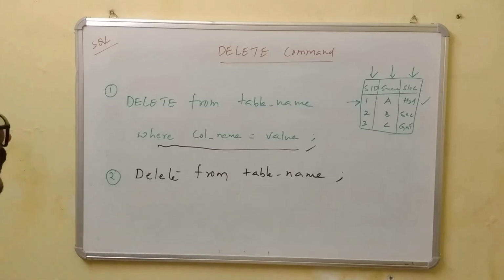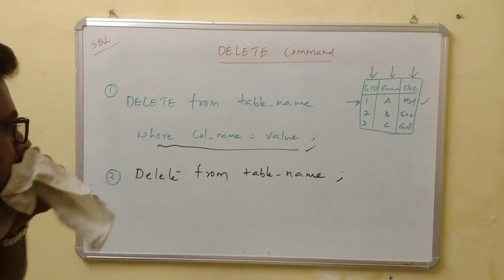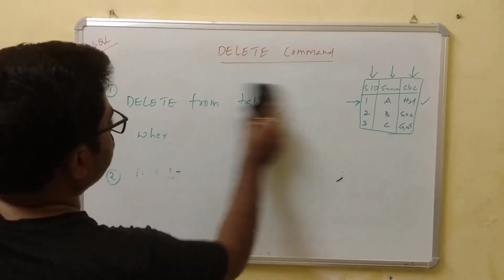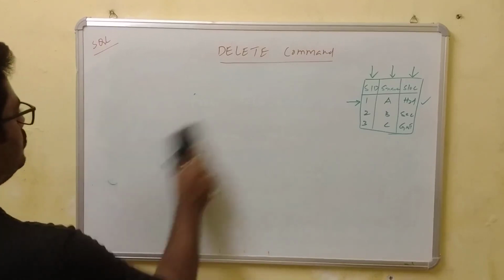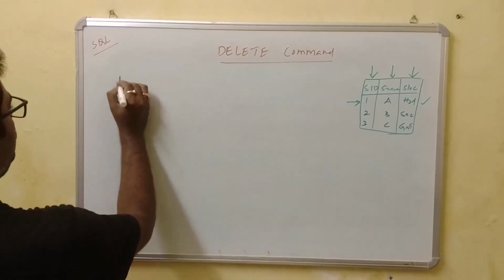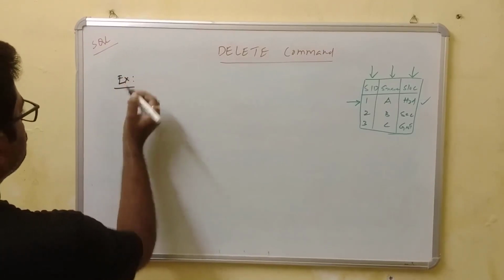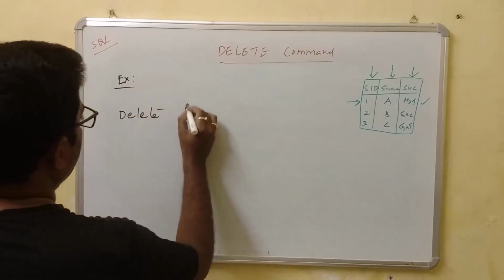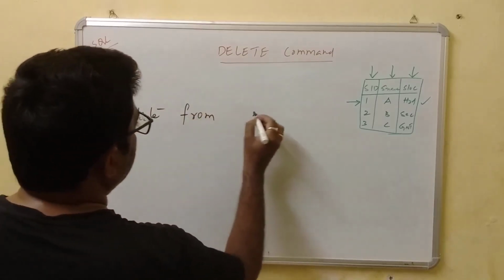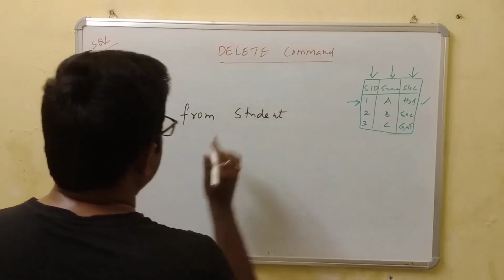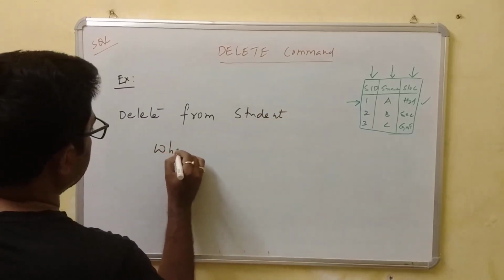We can work with an example, then we will get a better understanding. For example, we are taking: delete from, and the table name, as we are familiar, student, where.